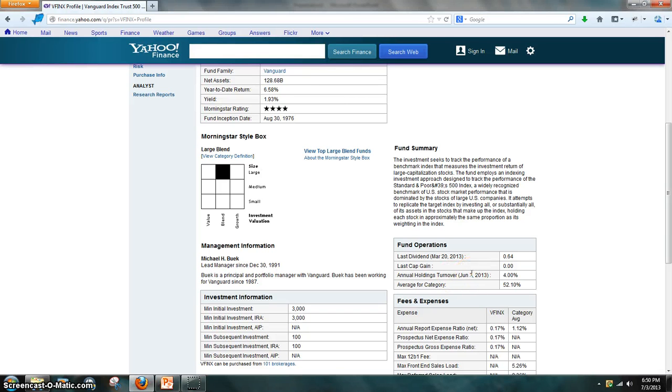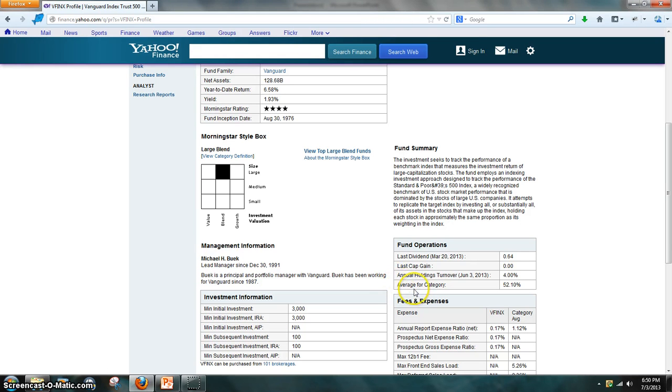All right, for those of you who are unaware, turnover is the buying and selling of the underlying investments. That's the term they use for how much they are buying and selling the underlying investments. So in this case, 4% is very, very low. All right, that's good to see. Because it's an index fund, that's why that turnover rate is so low. If this was an actively managed fund, you'll see a much, much higher turnover rate most likely.